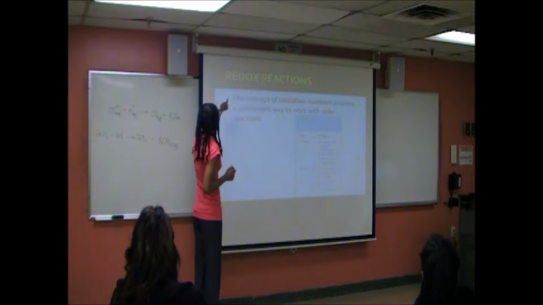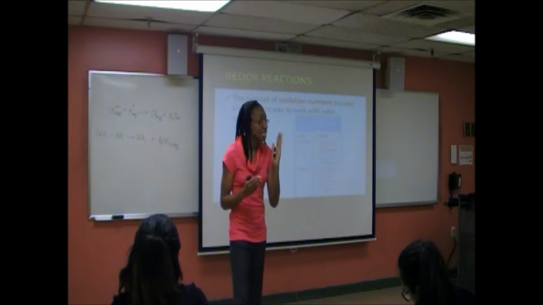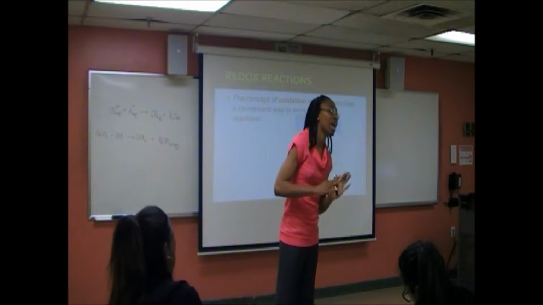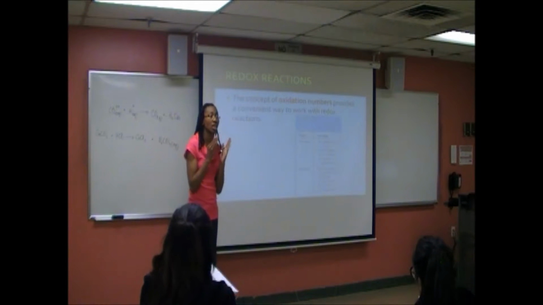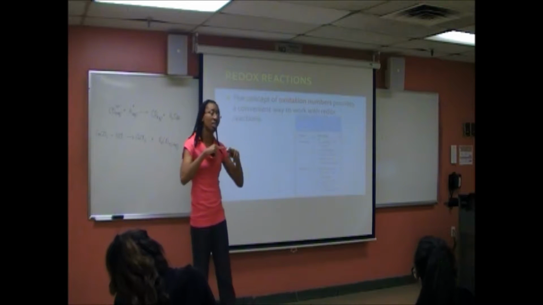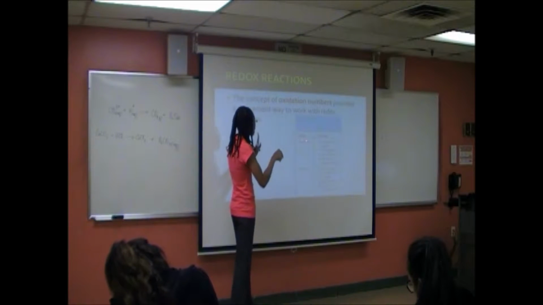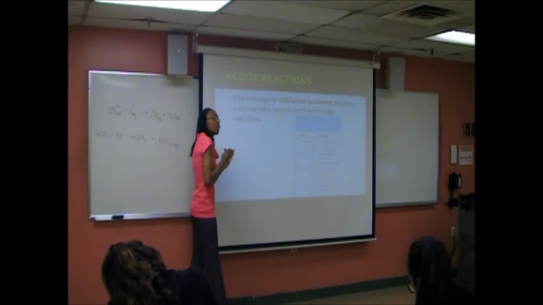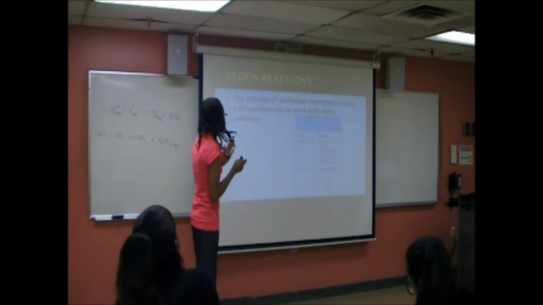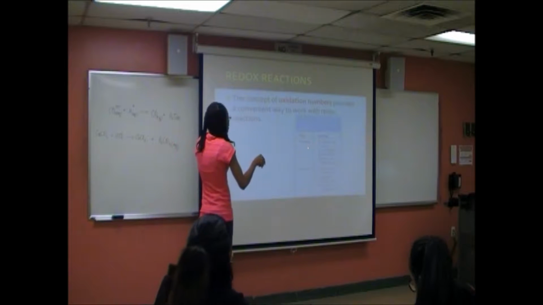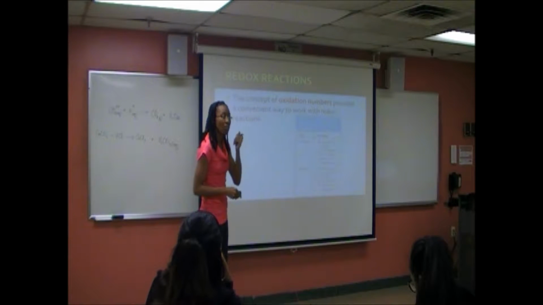Okay? So, the concept of oxidation numbers. Oxidation numbers, this is how we're going to tell if a reaction is redox or non-redox. By our oxidation numbers, or it's called oxidation states. Okay? So here, for example, ways of figuring out if oxidation occurred or if reduction occurred. Oxidation has occurred if you have combined with oxygen.